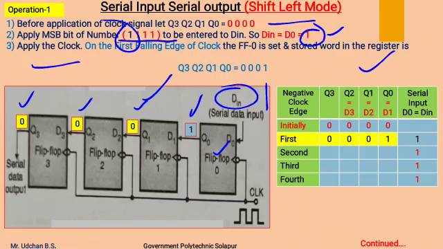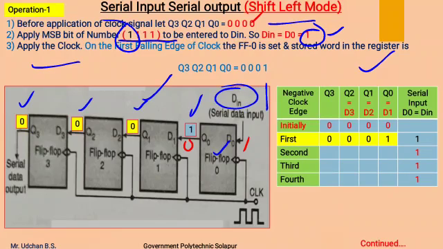Here, before applying the clock pulse, the data input of each flip-flop is, as D0 is 1, this flip-flop will have data input of 1. Now Q0 is what? 0, which is the D input for D1.